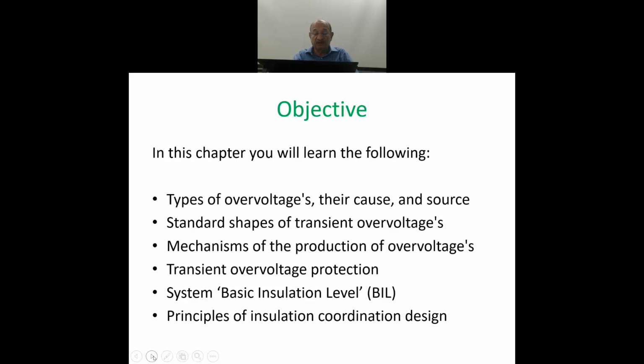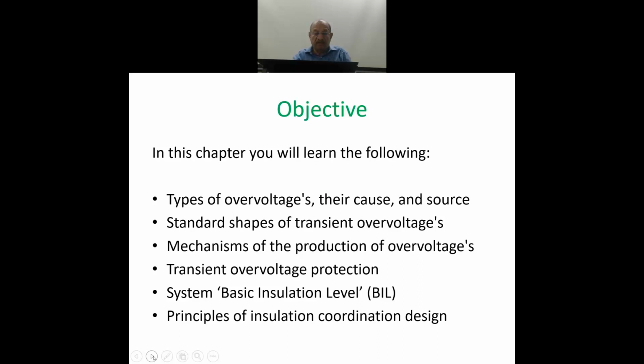It is some phenomenon which comes and goes. And how these overvoltages, mainly transient overvoltages, are produced. About the basic insulation level of the system, and transient overvoltage protection and insulation coordination, we'll talk a little later.